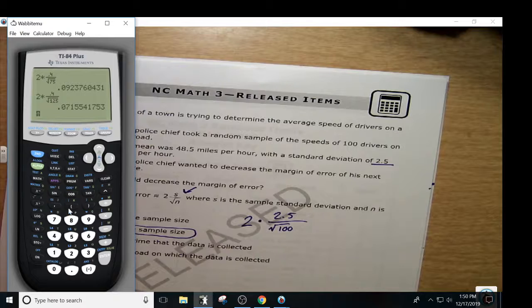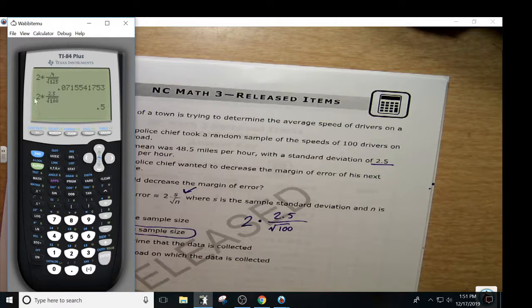I'm going to second enter, that way I don't have to enter the whole thing. I have to fix my standard deviation. That's 2.5. Then I'm going to go down here and change that to 100. Now let's see what the margin of error is. It's 0.5.